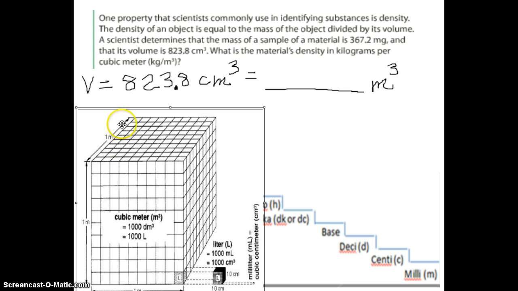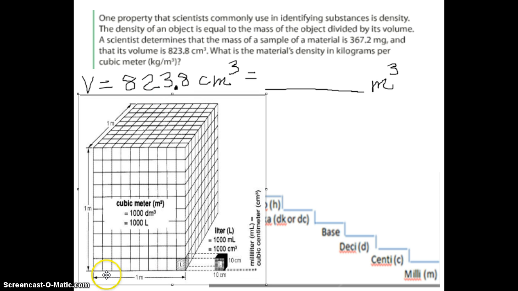This cube is 1 meter deep, 1 meter high, and 1 meter wide. So it's 1 by 1 by 1. 1 times 1 times 1 is 1, but meters times meters times meters gives you 1 meter cubed. Okay, now that's 1 meter.